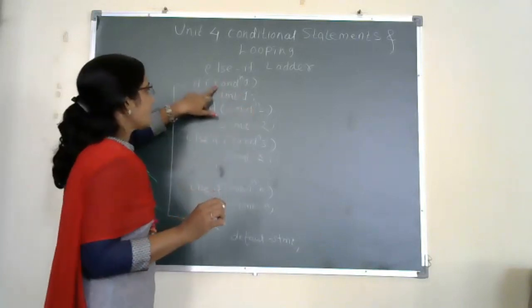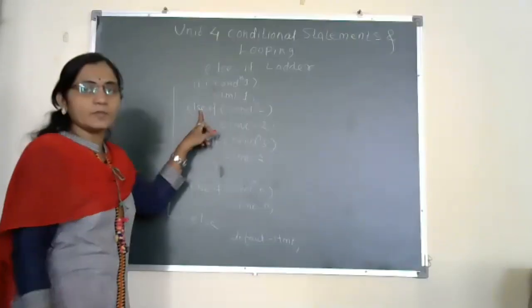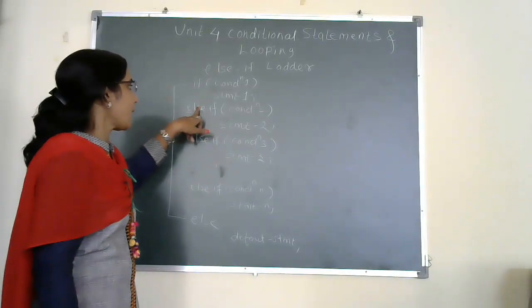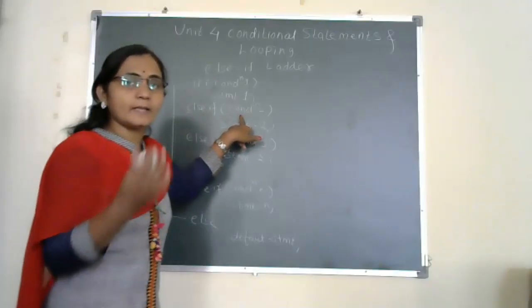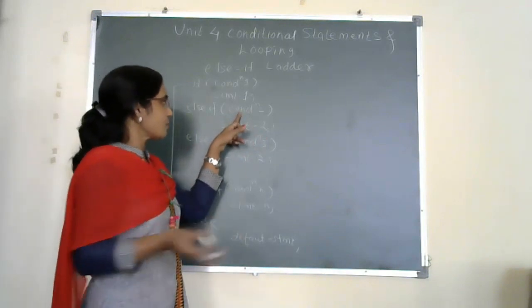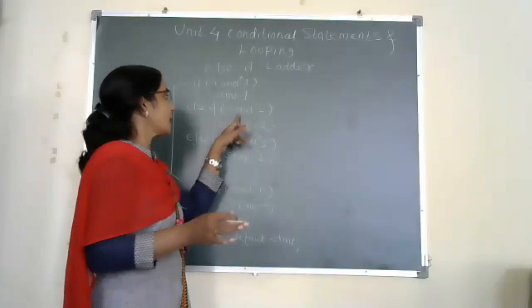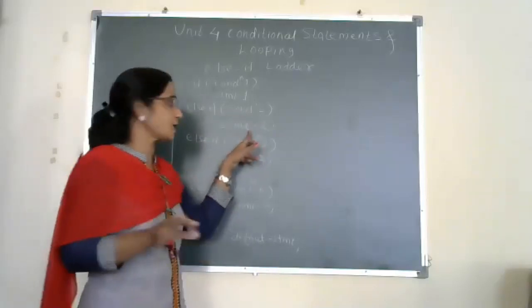But if the result is false, then the else part will be evaluated. In the else part, another condition, condition 2, is given and it is evaluated with the same working. If condition 2 is true, then the statement 2 block will be evaluated.